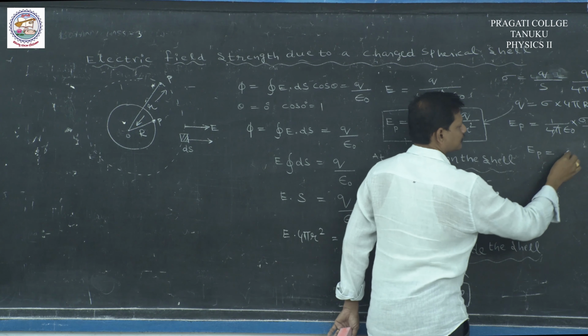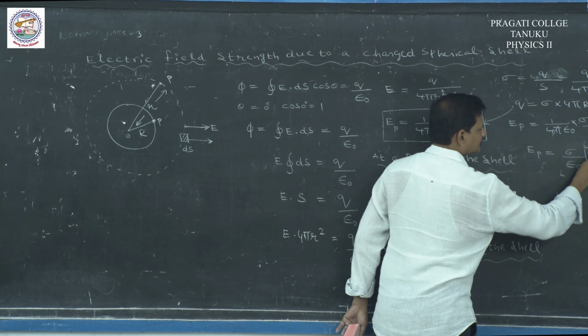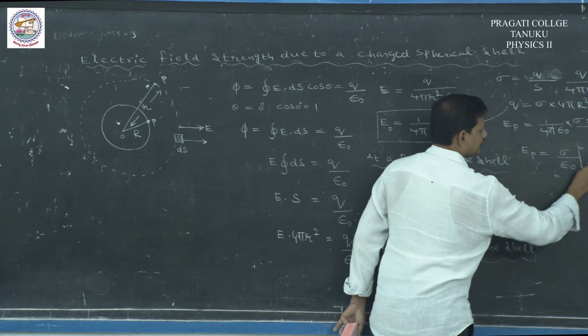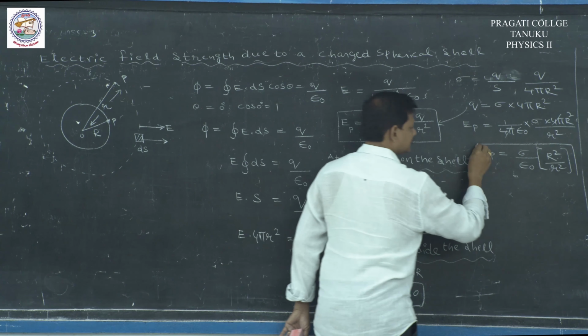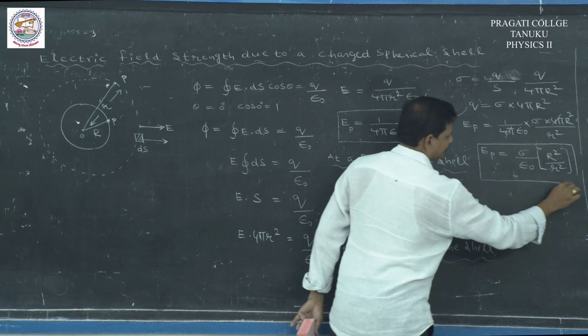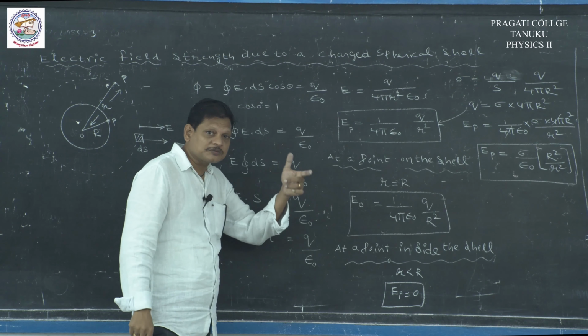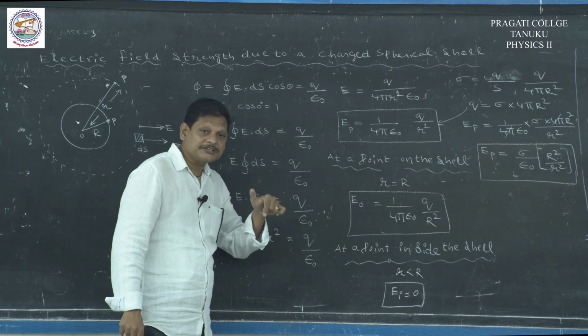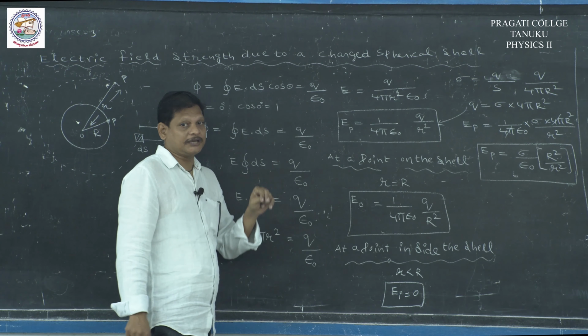E is equal to sigma by epsilon naught into capital R square by small r square. So, this is the expression for the electric field strength at a point outside the sphere in terms of surface charge density. Here spherical shells are of two types.